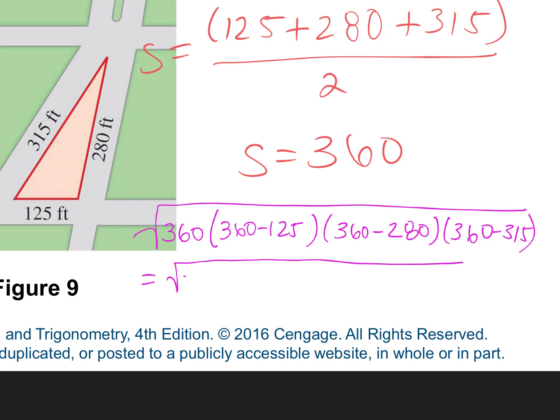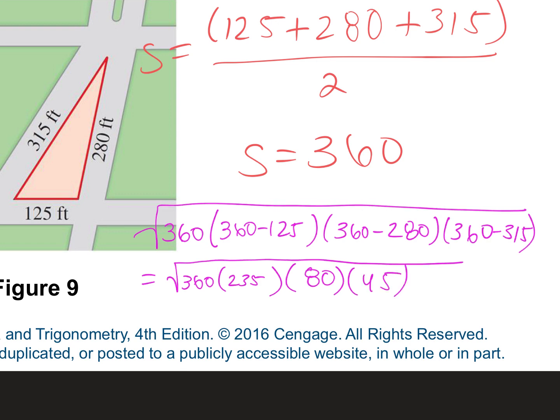But if you simplify this now, I have 360 still in the front. What's 360 minus 125? 235, okay, that's the first one you're multiplying. Then I have 360 minus 280, which is what? 80. And then I have 360 minus 315, which is what? 45.